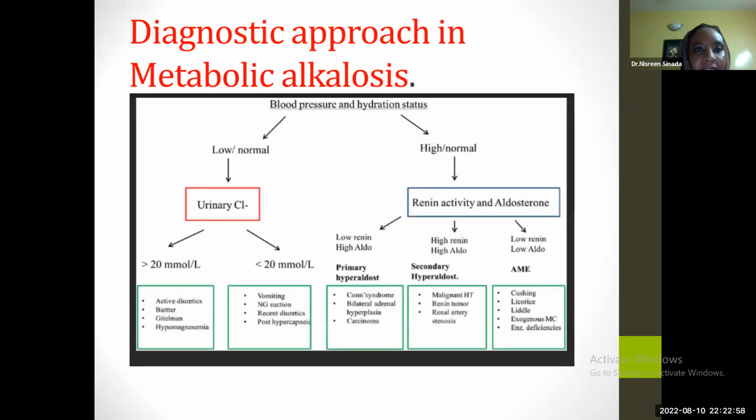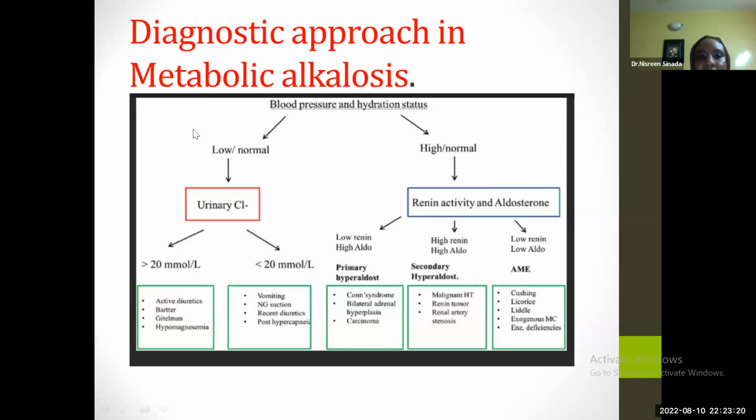Okay, this is the diagnostic algorithm for metabolic alkalosis. Some people said Bartter and Gitelman. So when you have a patient with hypokalemic metabolic alkalosis, the first thing, you measure the blood pressure and assess the hydration status.